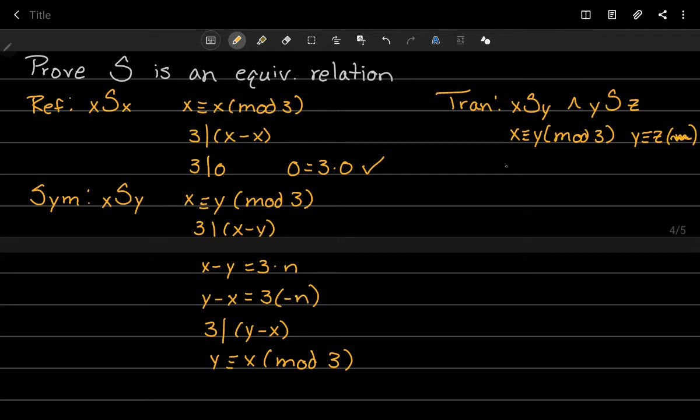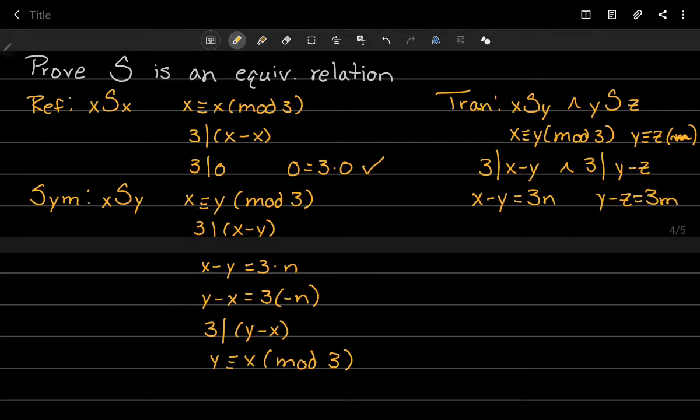Okay, so that means 3 divides x minus y, and 3 divides y minus z. That means x minus y equals 3 times something, and y minus z equals 3 times something.